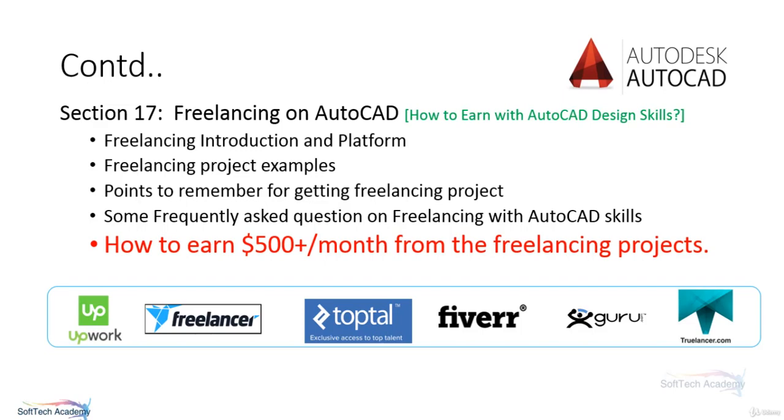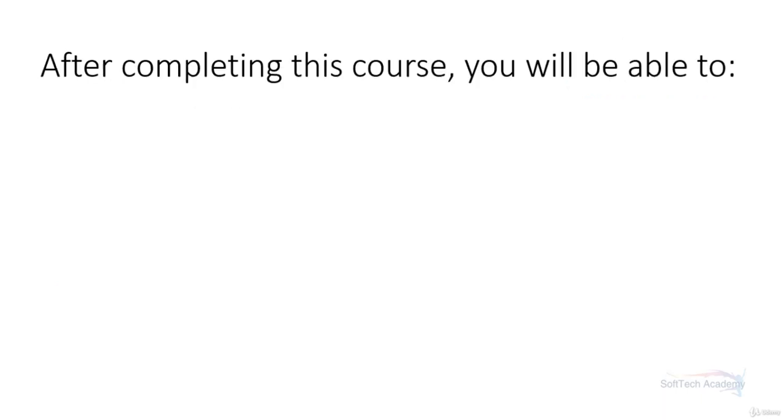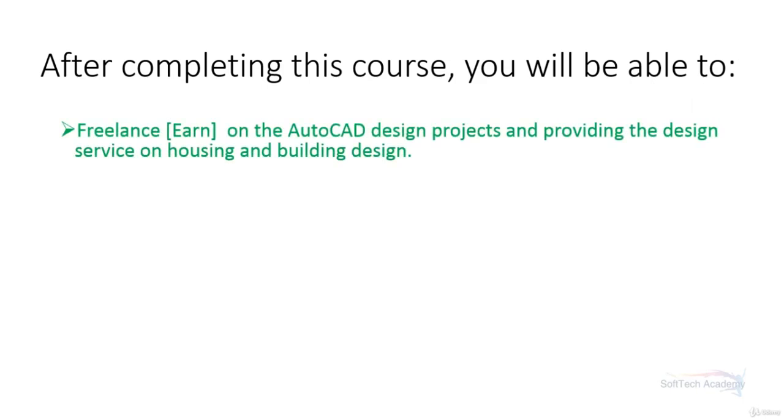We have some frequently asked questions, and we have covered how to earn $500 USD per month or more from freelancing projects. We will introduce different freelancing platforms, from Upwork to Freelancer.